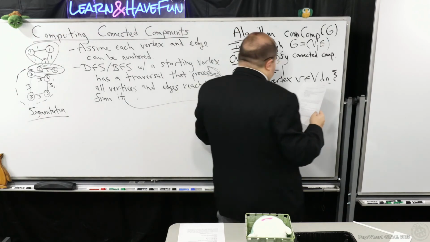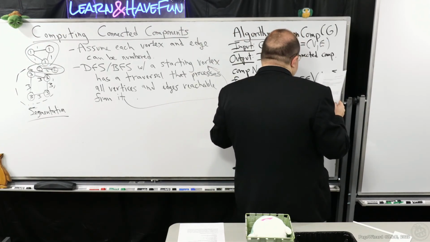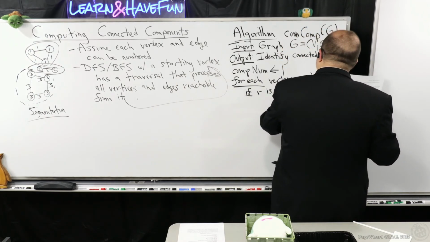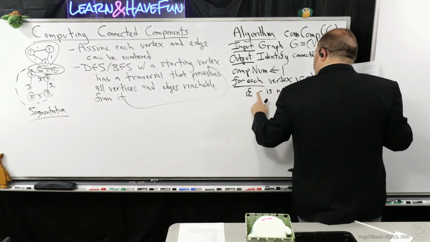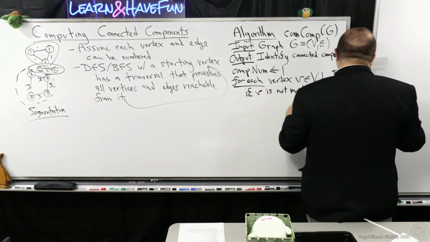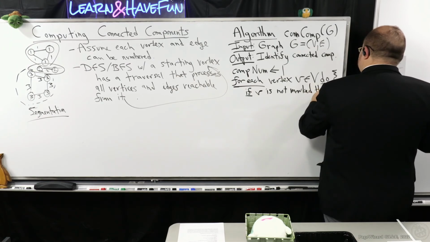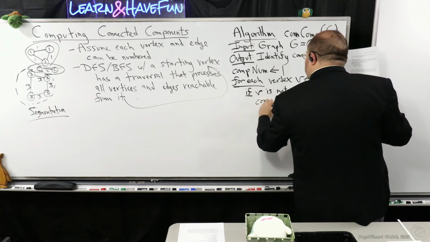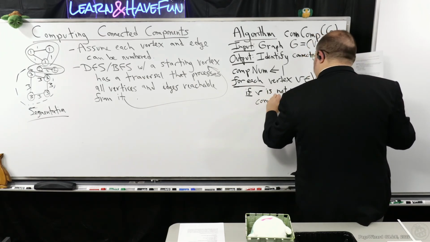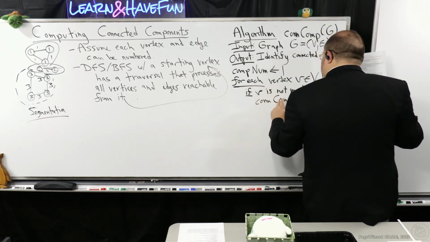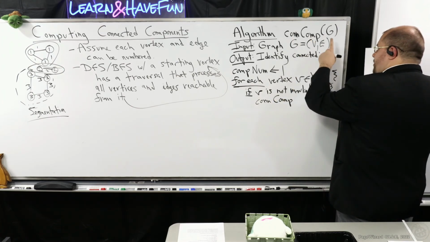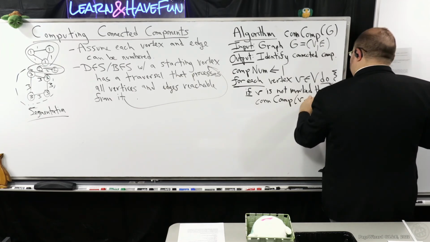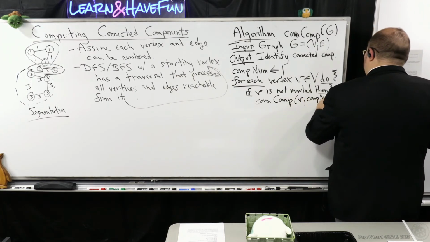So if v is not marked, then we're first going to run connected components, or comp, with vertex v, and we're going to give it that number that we currently have, comp num.